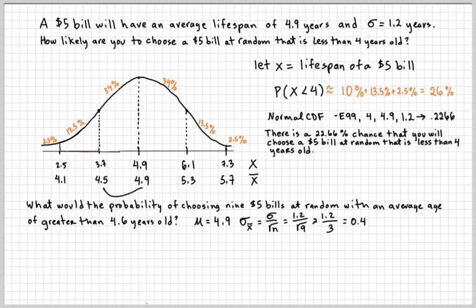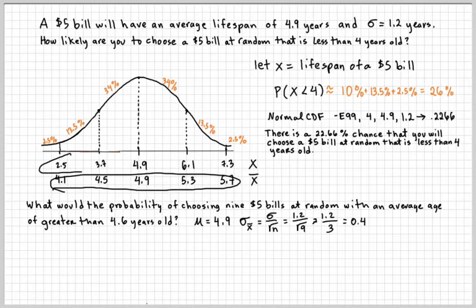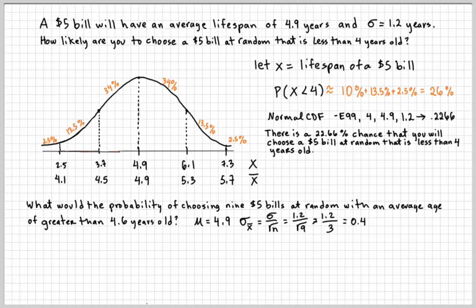So here your 1 standard deviation below, 2 standard deviations below. Gives me the spread. You can see that these values are definitely closer to each other than the original problem. There's a reason why. That has to do with the central limit theorem, and I'll talk a little bit about that in the end.